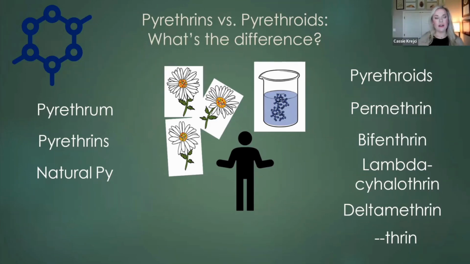Alternatively, pyrethroids are the synthetic compounds that are produced in a lab to mimic the effects of the pyrethrin esters. So pyrethroids contain fewer chemical variants, usually 1, as opposed to the 6 esters in pyrethrum. So they're slightly less variable.